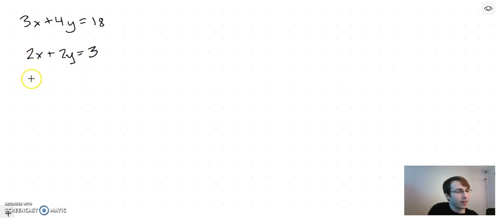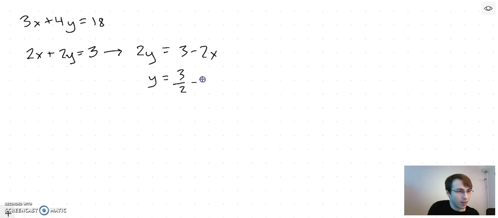So I think what's probably easiest to do here is to solve for y in this equation, just because we'll get fractions like a half, and then since there's a 4 in front, that'll turn them back into whole numbers. So let's solve for y there. So we get 2y equals 3 minus 2x, y equals 3 halves minus x.